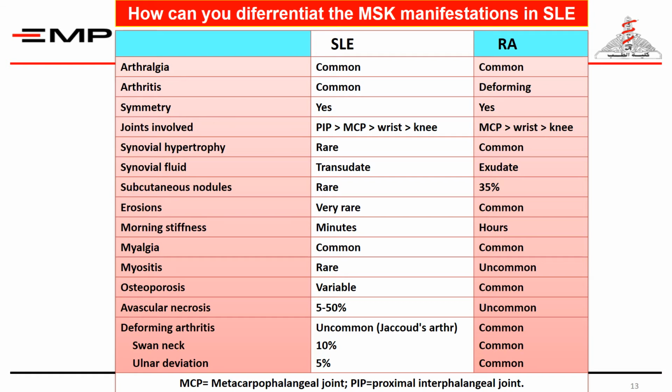And this is the difference between lupus arthritis and rheumatoid arthritis. The most important thing here is that subcutaneous nodules are present in about 35% of rheumatoid arthritis patients, and erosions are common.